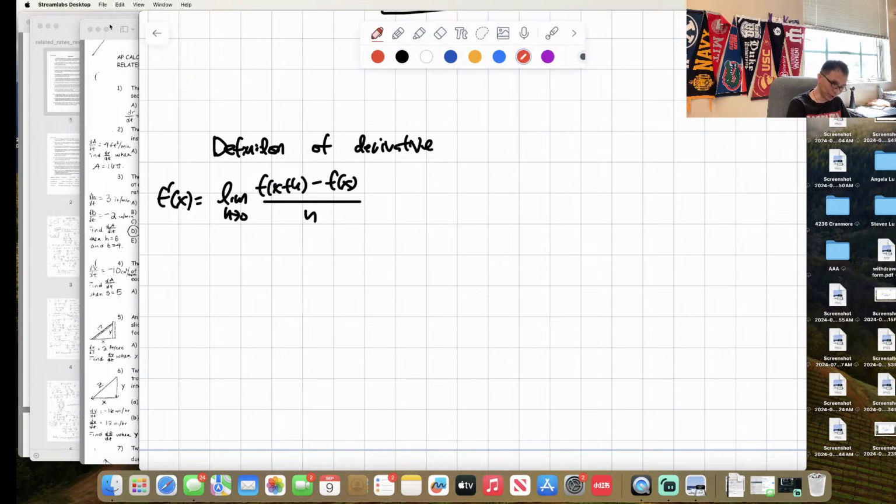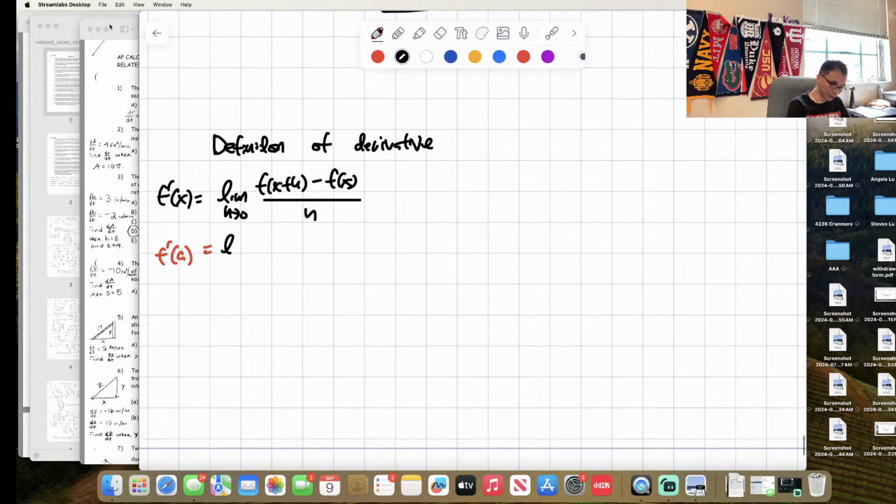Now, what if I just replace that with f prime of a? What will happen? Well, that means everywhere you have x, right? The limit as h approaches 0 of f of something plus h minus f of something over h. So remember, I just replaced this part with a.